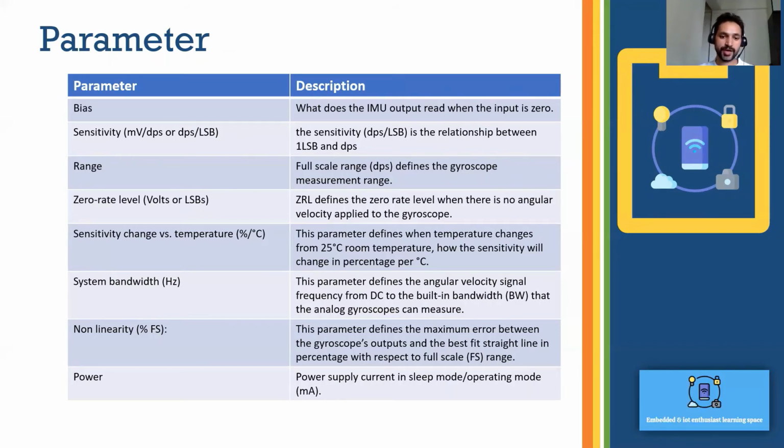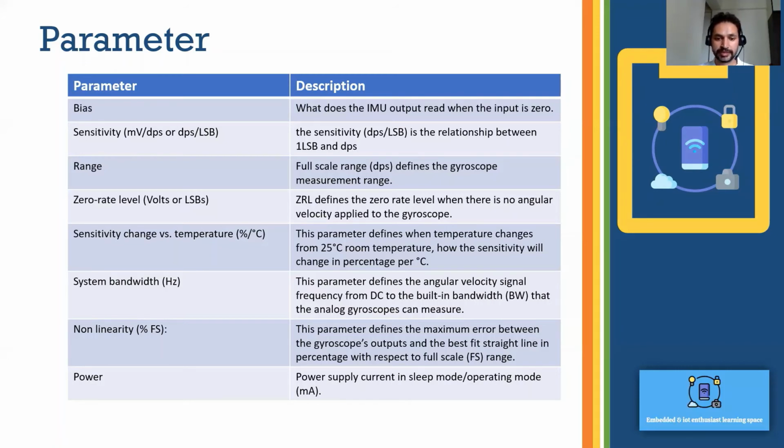Next key aspect is the power. What are the different sleep modes or operating modes it has, and what is the power consumption in each mode? That should be one of the criteria for selection, because these are always-on or always-aware sensing based applications where you will be always powering them.